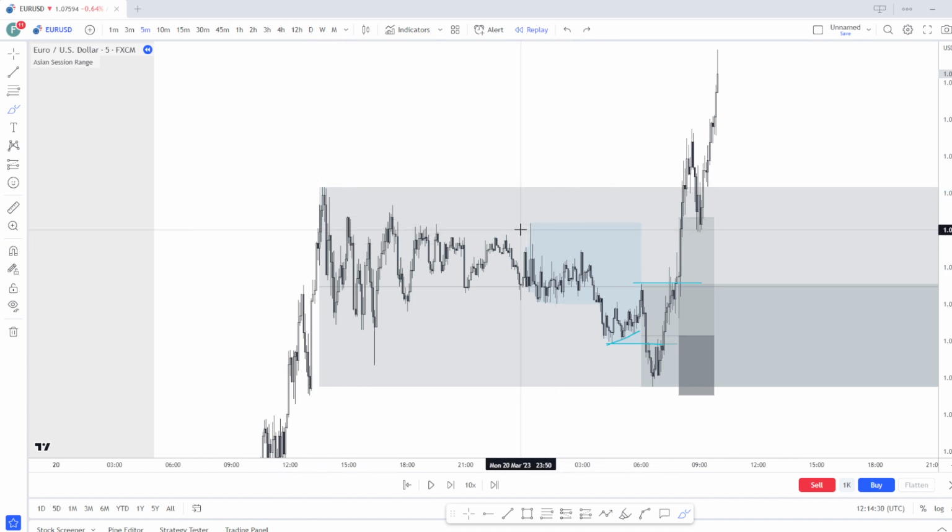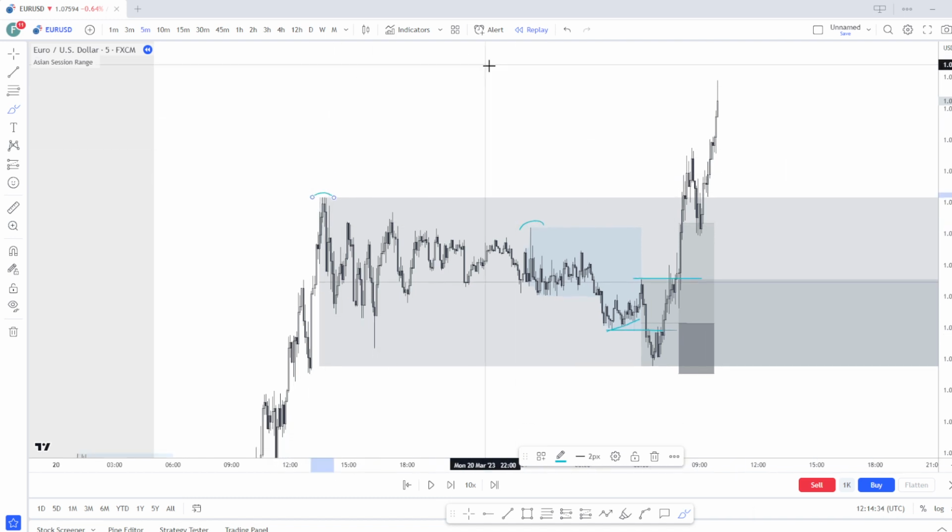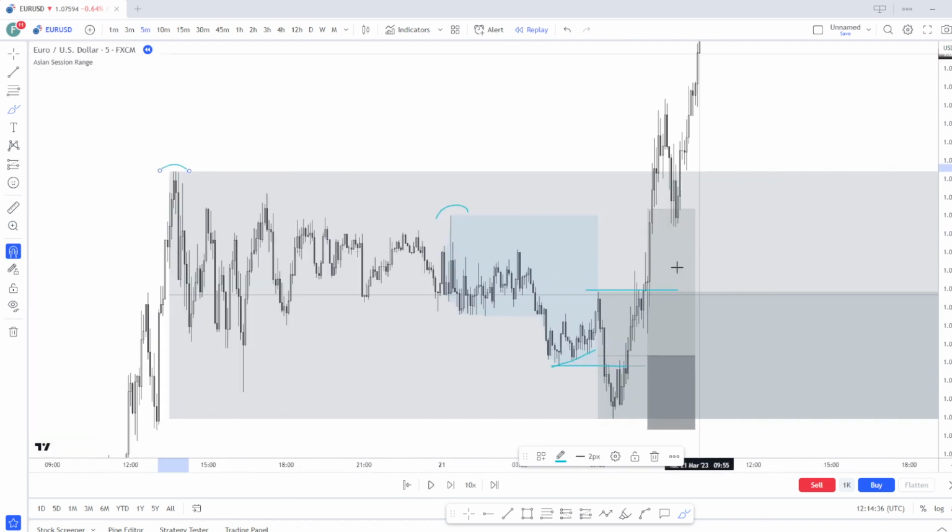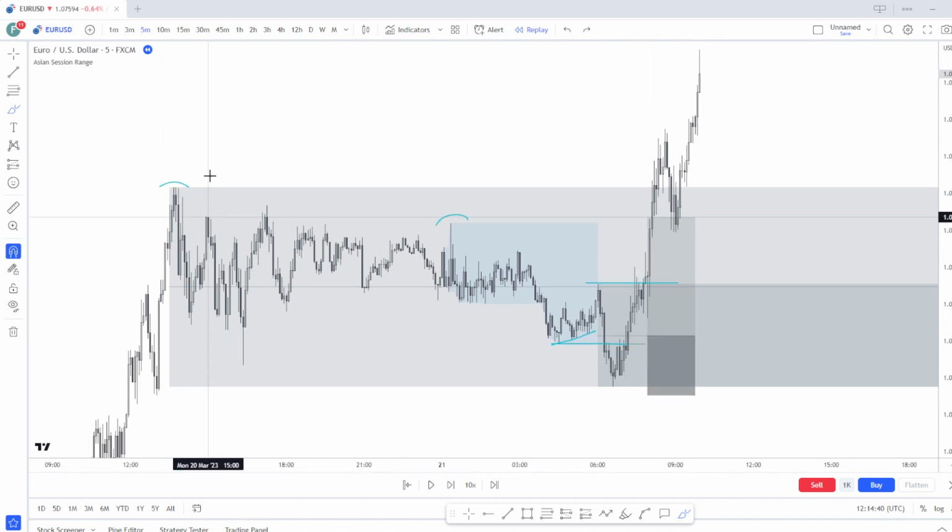So now we have liquidity points here, we have a liquidity point here, and we also have a liquidity point all the way up there. But I'm looking to get in and get out before that liquidity point is even taken. So you can see how, although market structure is a big thing and it does matter, liquidity matters more, because I know that this is a magnet for price.